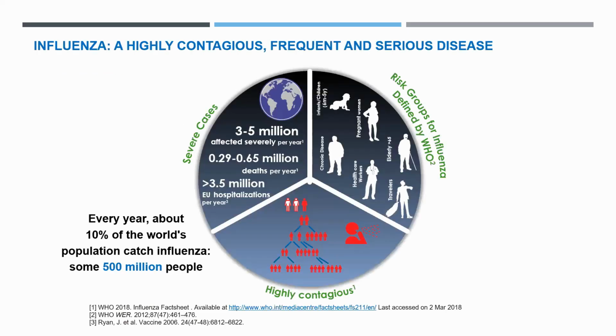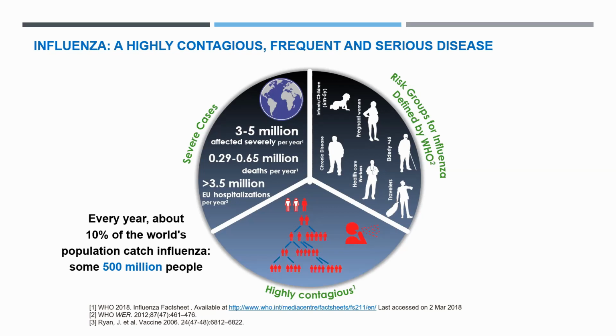So how bad was influenza before the COVID-19 pandemic? We can say that influenza affects about 10% of the world population, which amounted to about 500 million people. This figure is really staggering. 250 to 500 thousand people die every year because of influenza-related deaths, and these deaths mainly occur in those who are above 65 years of age.